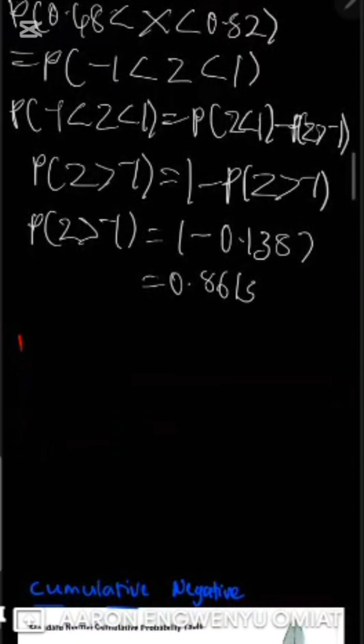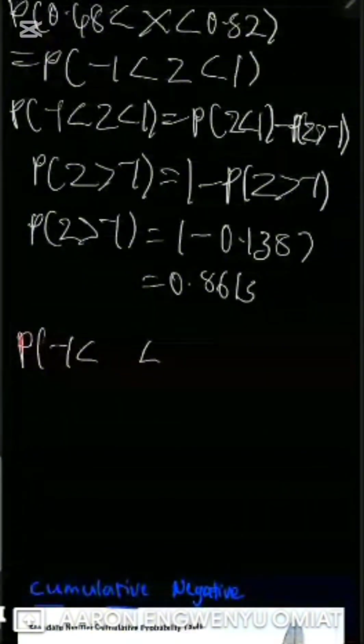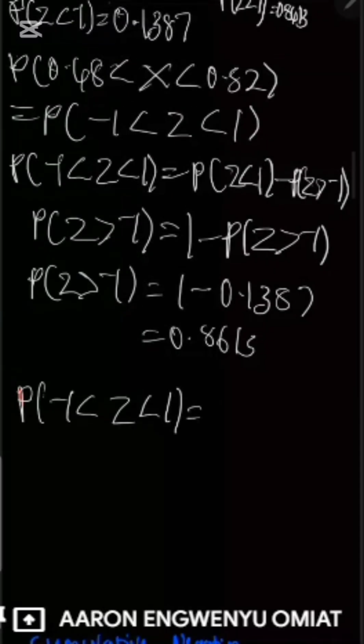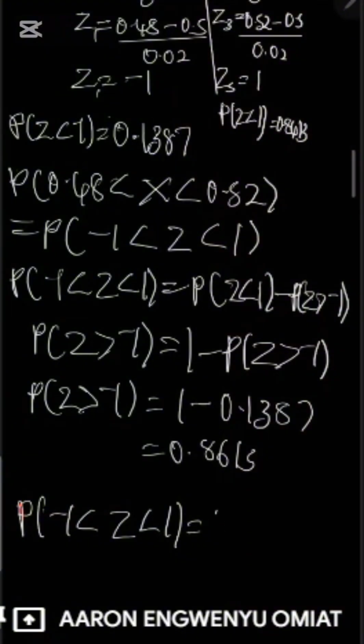So what will our probability of z being between them be? It is the probability of z less than 1 minus the probability of z greater than -1.